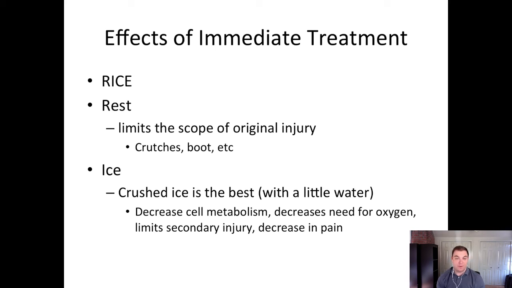So when you write RICE, rest limits the scope of initial injury. You may give them crutches, a boot, etc. Ice, little known fact, crushed ice with a little bit of water, almost like a slushy, is the best. Yes, people have done research on that. It can decrease cell metabolism and all this stuff that we know.